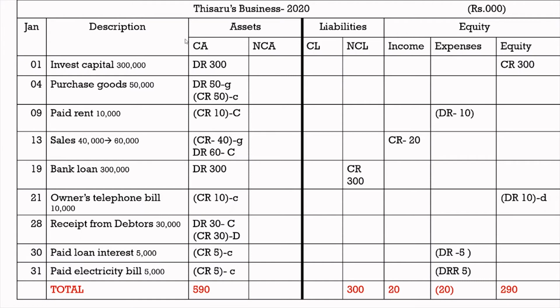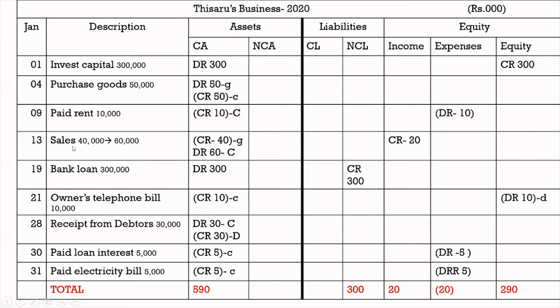I said that if it is an expense, we have to deduct it from the equity. That is why under equity, the expenses heading, I have debited 10,000. So reductions in equity are debited and reductions in assets are credited. Here you can see there are two opposite reactions to balance the equation.